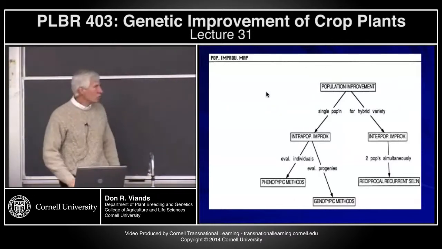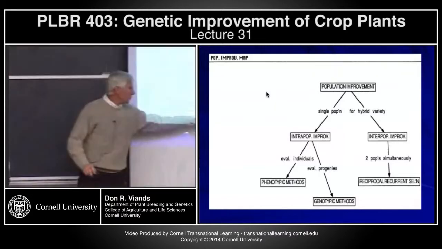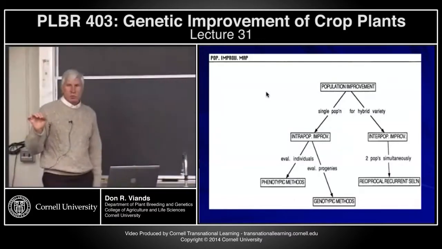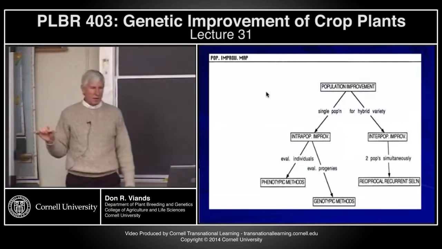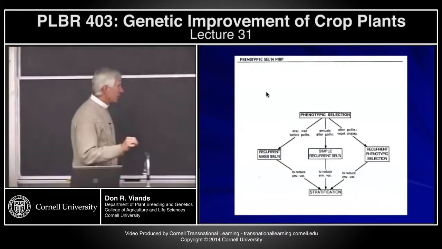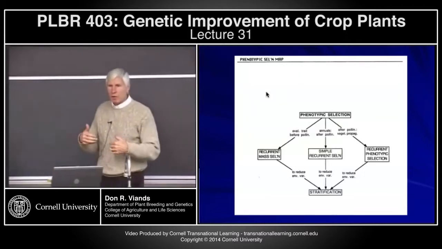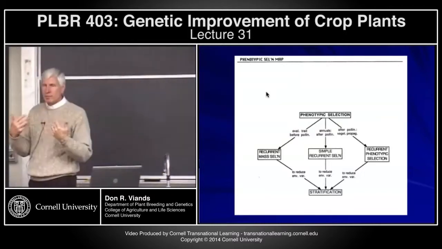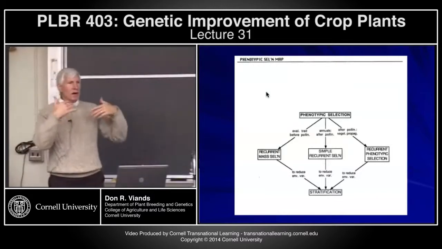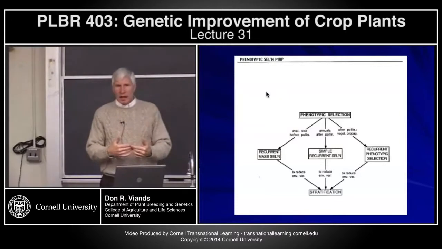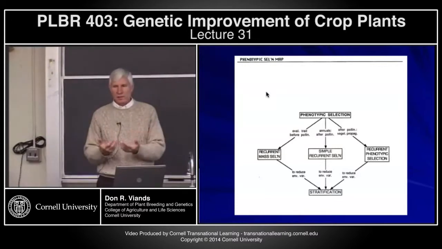Now let me take each one of these categories, especially the phenotypic and genotypic, and do a little review on that. Last week when we talked about the phenotypic methods, we started out by looking at recurrent mass selection. And recall that you're just growing out a bunch of plants, maybe a few thousand plants, evaluating individual plants, and just harvesting the seed off of the superior plants to produce the cycle 1 seed.